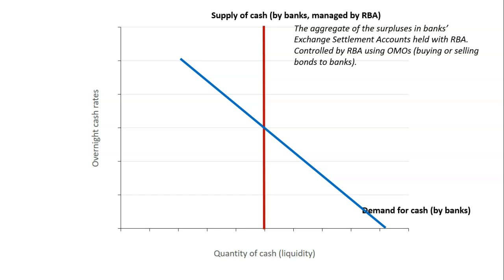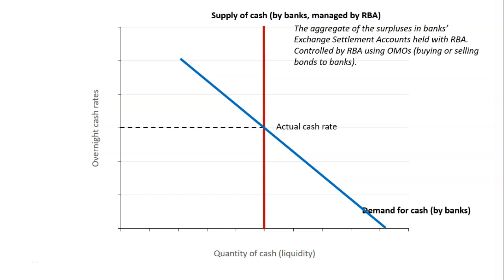Now, in the textbook story, it's simply the interaction of the demand for cash and the supply of cash that determines the equilibrium cash rate. And in the usual textbook story, we would say that the Reserve Bank of Australia can increase the supply of cash, increase the amount of liquidity in the market, by purchasing government bonds from banks, thereby increasing supply and lowering the equilibrium cash rate.